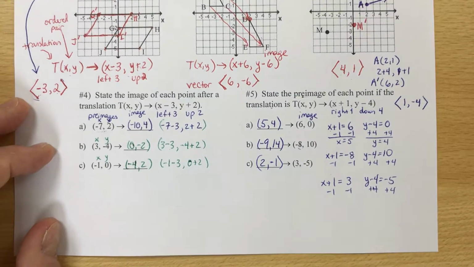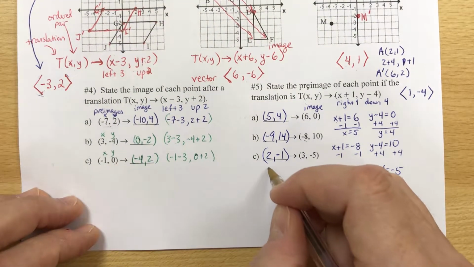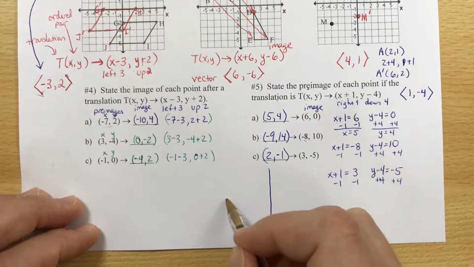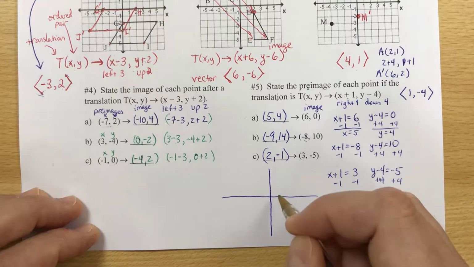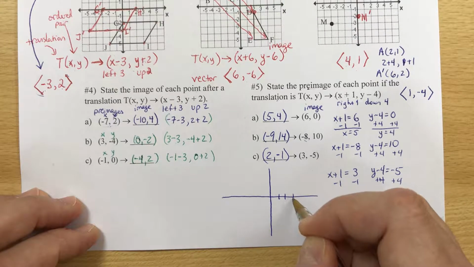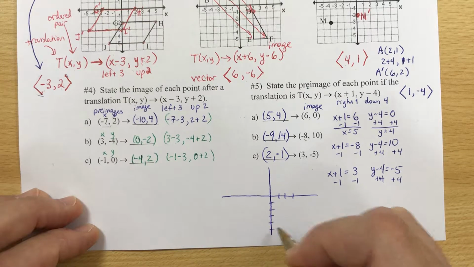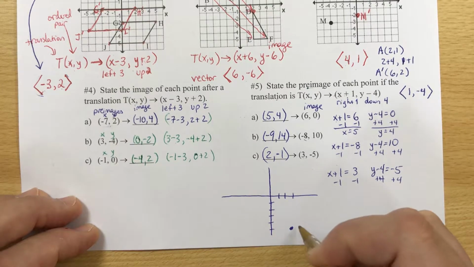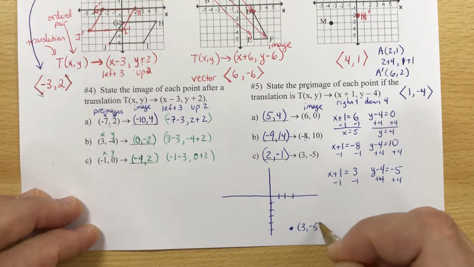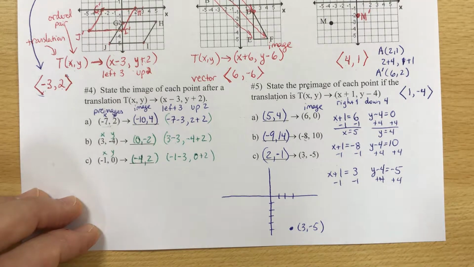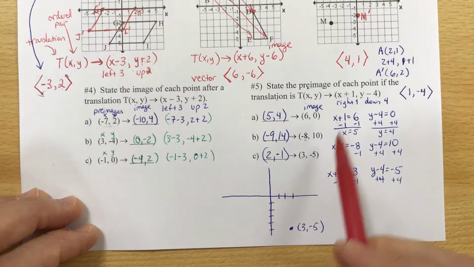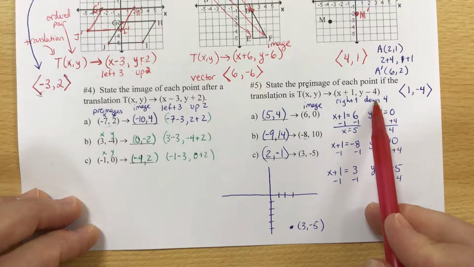Okay, now if you don't want to do it algebraically, we could try to graph it. I think this is going to be a little more time consuming. But if I plot 3 comma negative 5, for example. Now this is where we finish. So we need to find the point where we went right 1 and down 4.